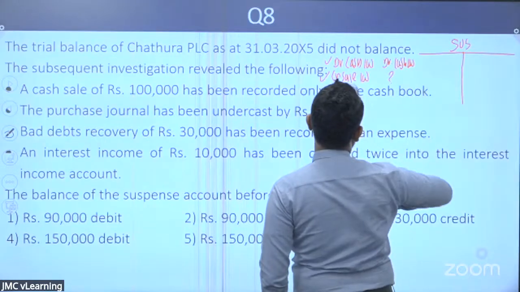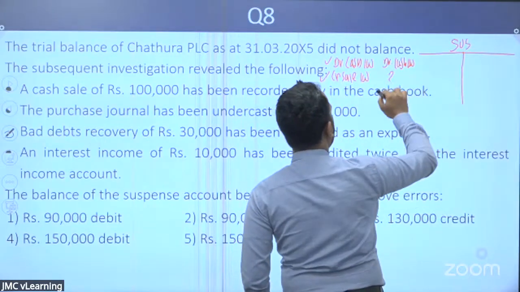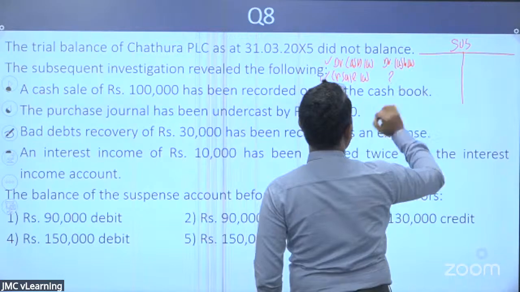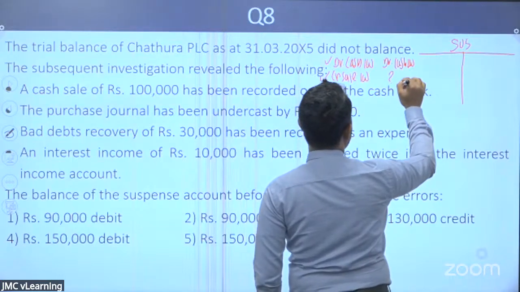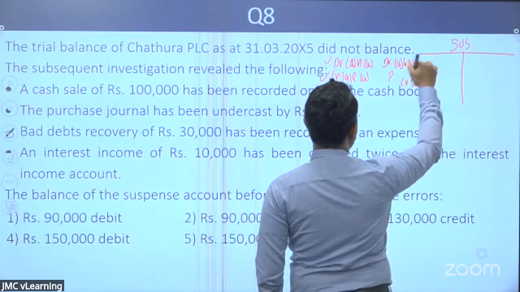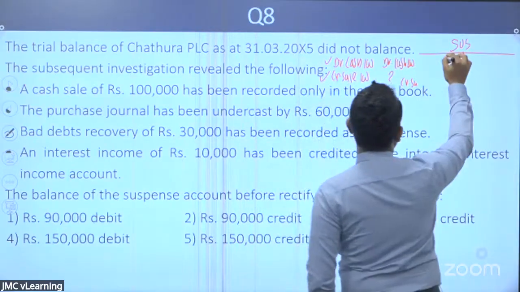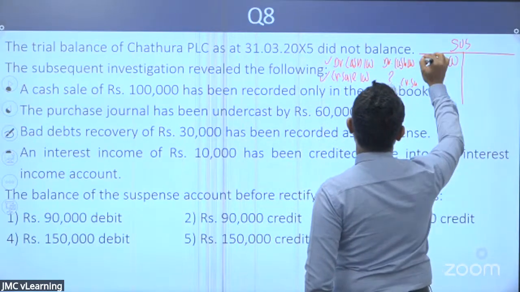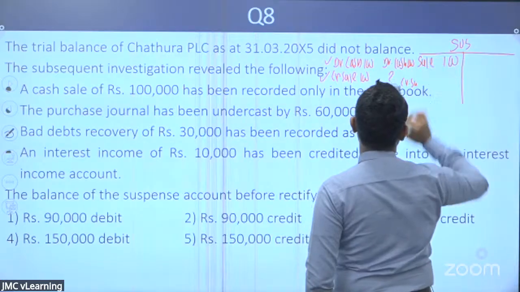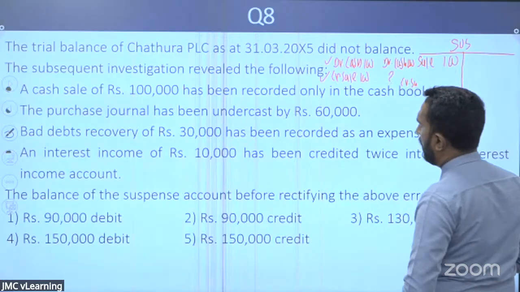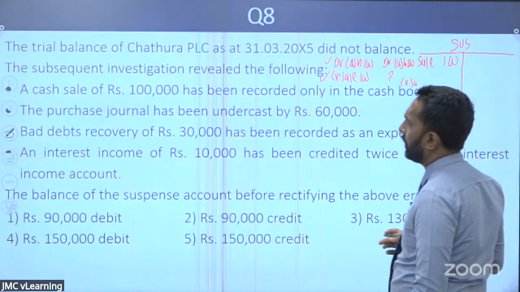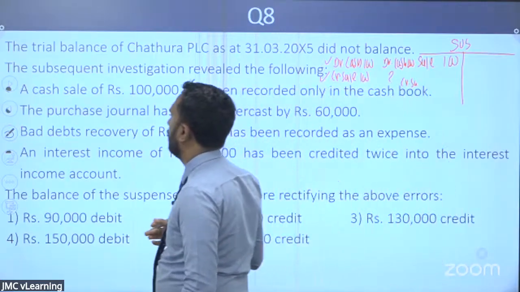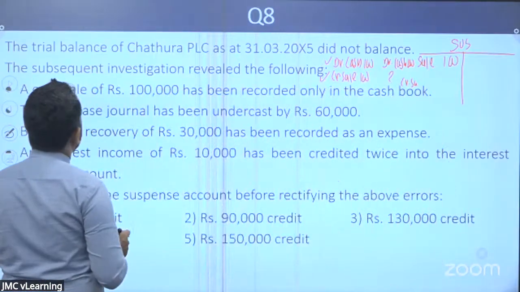The credit to sale has not been recorded, so we need to record it now. We pass a double entry: credited to sale and debited to suspense account. So the suspense account will be debited 100 as sale. Okay. Right. Look at the next one.